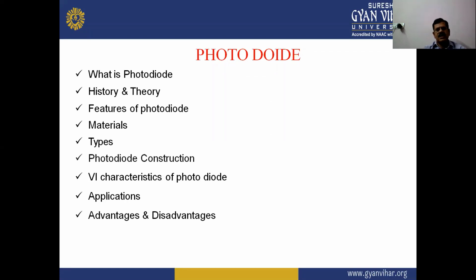Next semiconductor device is the photodiode. So in photodiode, we discuss what is photodiode and what is the theory of photodiode, the features of photodiode, what material is used, types of photodiode, photodiode construction, and VI characteristics of photodiode, and what is the application and what is the advantage and disadvantage.